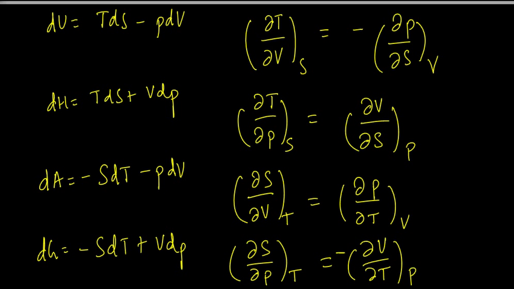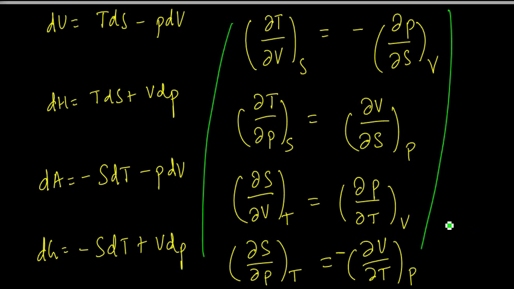Now, these are known as the Maxwell relations. These are very useful in solving a lot of problems in thermodynamics, lots and lots. Because now you see, remember I always said it's very difficult to calculate some entropy or something.